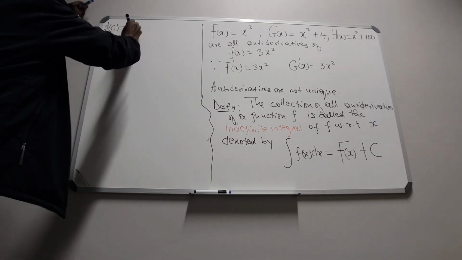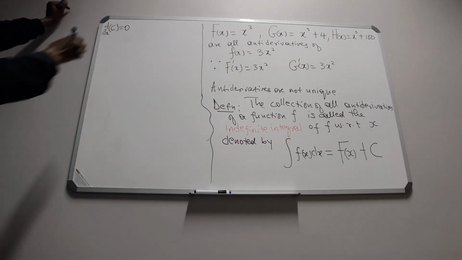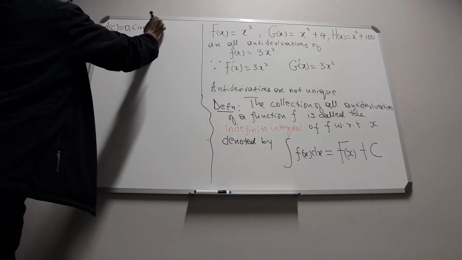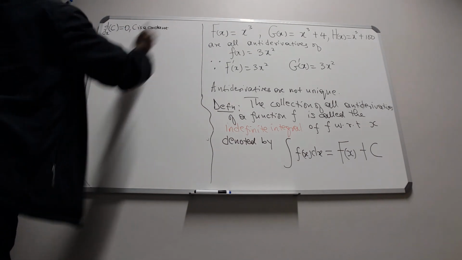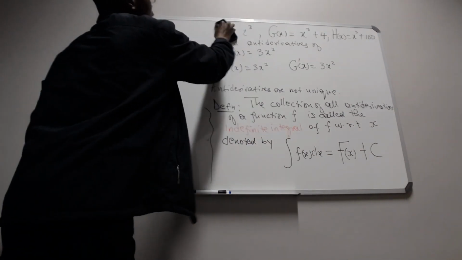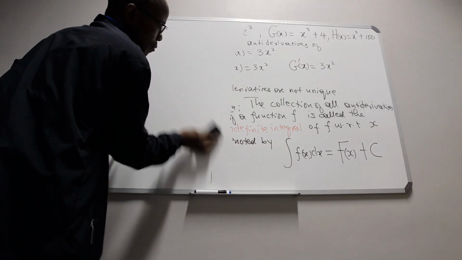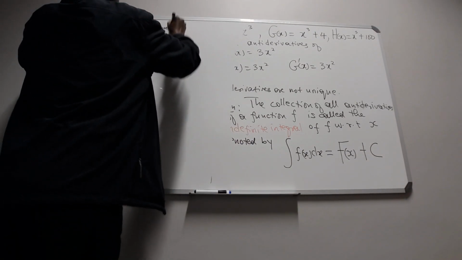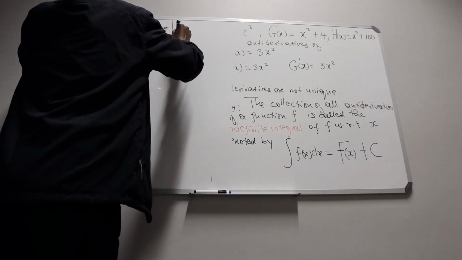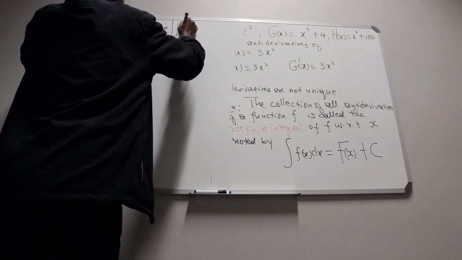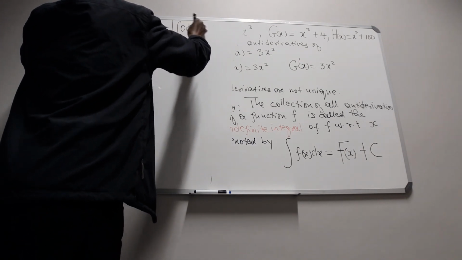You get 0, where this c is a constant. Now, let us reverse the process. When we reverse the process, we are saying that the antiderivative, what did we differentiate in order to get 0 as an answer?